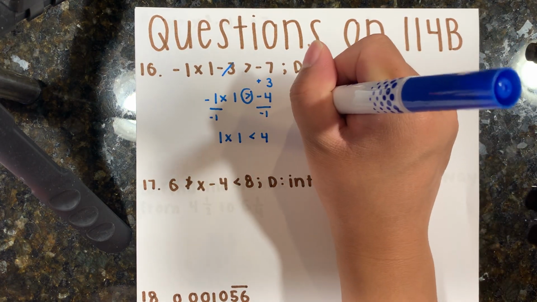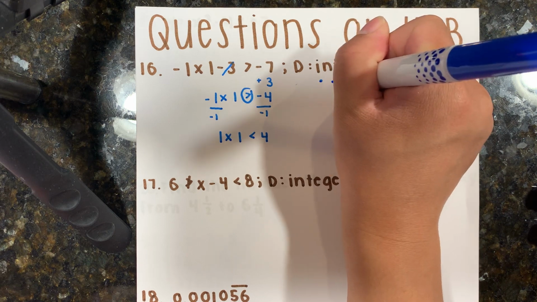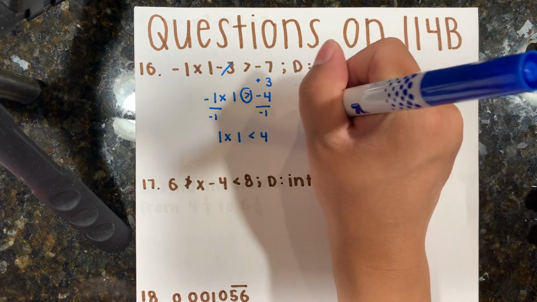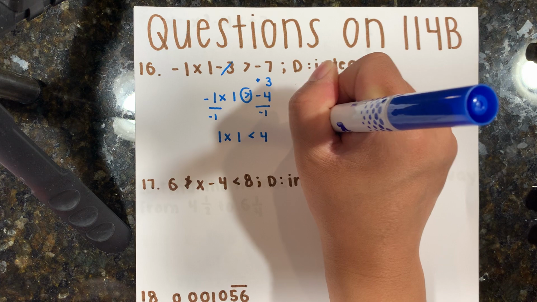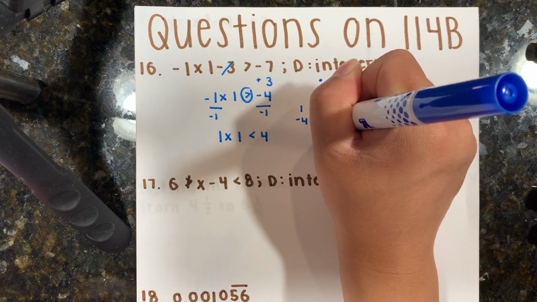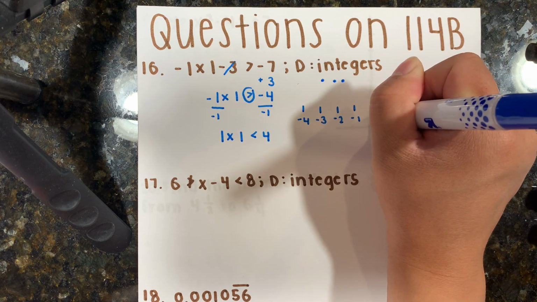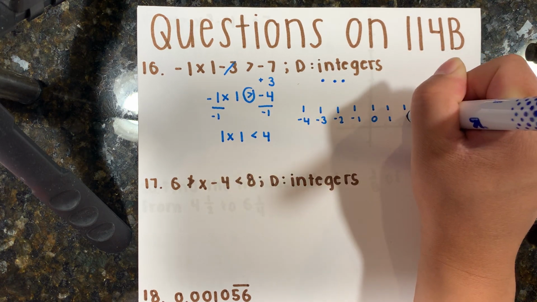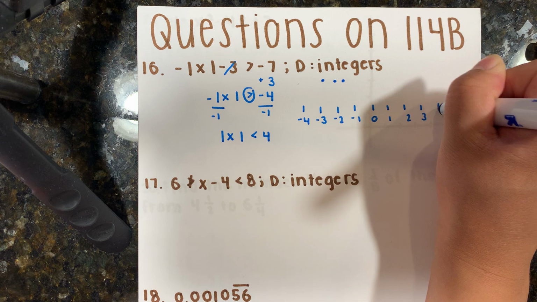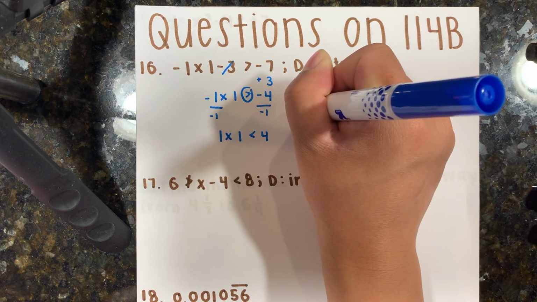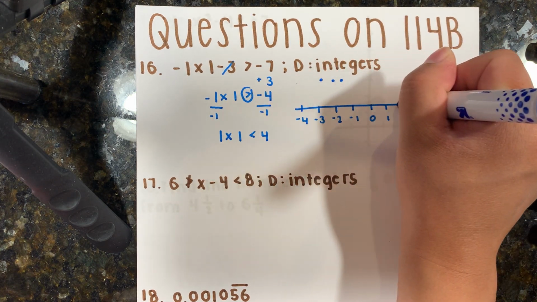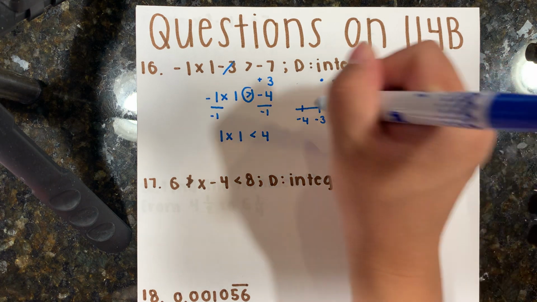endpoints, I'm going to go, and integers is dots, not just a line with an arrow. So let's start at negative 4 and work our way to 4. Okay, so on 4 and negative 4, remember for the absolute value, you have to do the positive and the negative of that value.